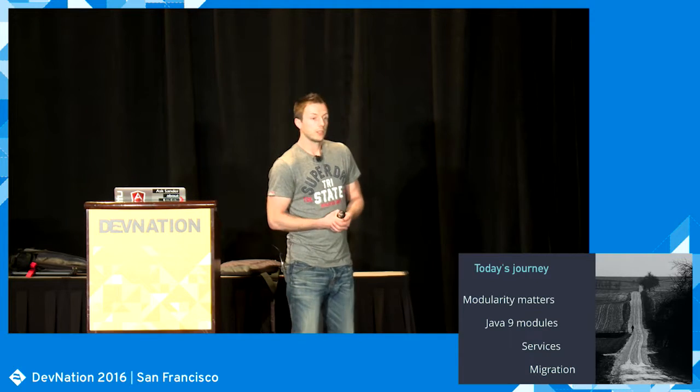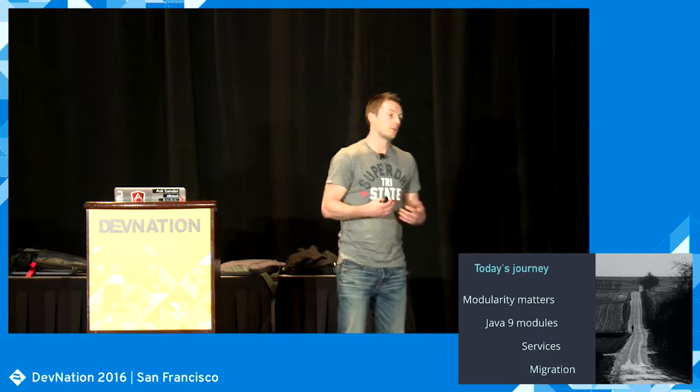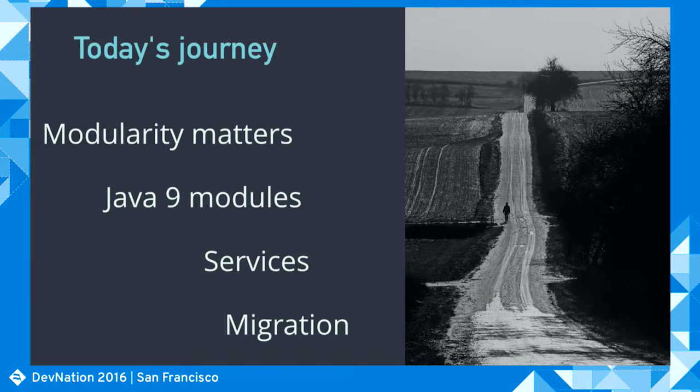First of all, we're going to look a little bit at the problems that we currently have with Java when it comes to modularity. We will see why modularity is important as an architectural principle. And then we will dive right in and look at quite a bit of code that will show how to actually work with Java 9 modules, because that's probably the most important part.